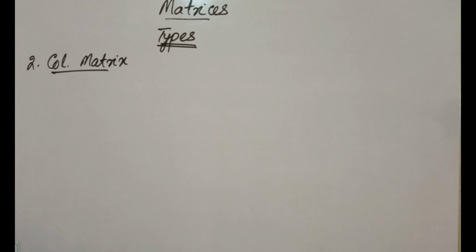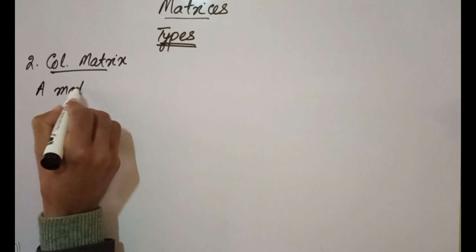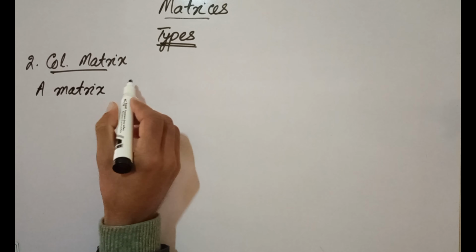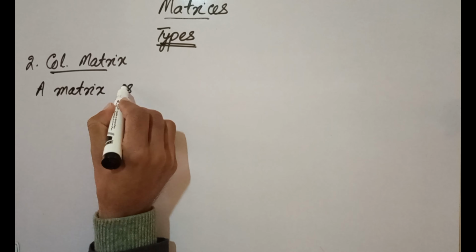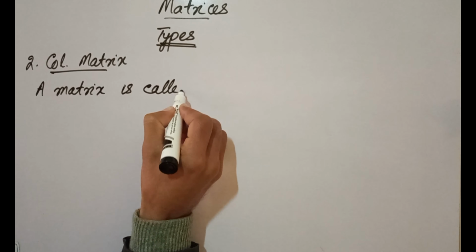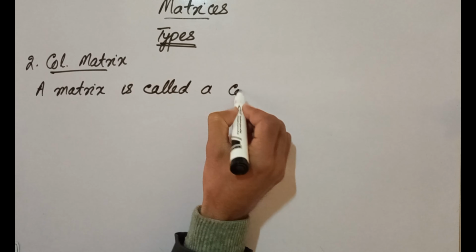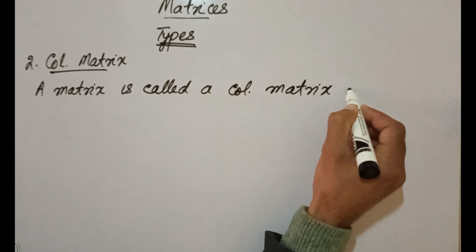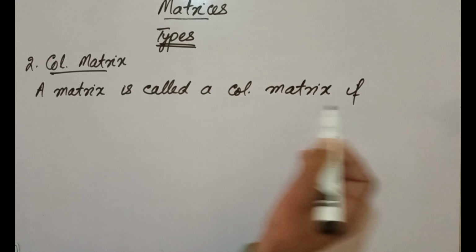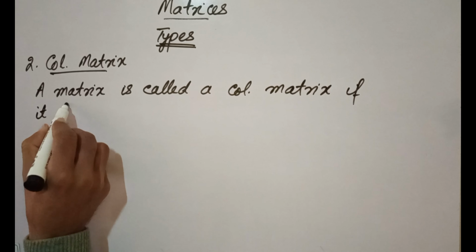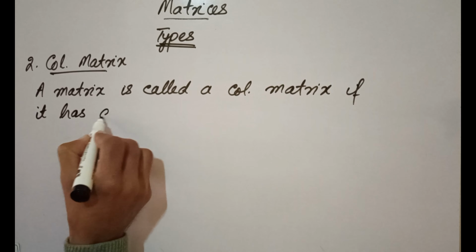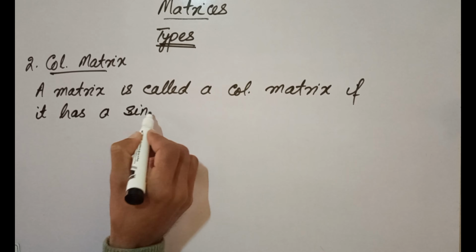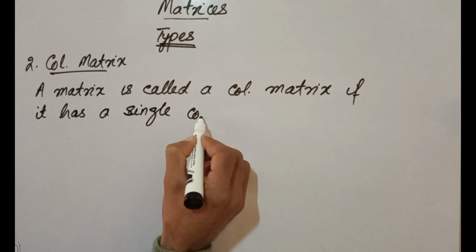In a column matrix, we have a single column and the number of rows may be different. A matrix is called a column matrix if it has a single column.